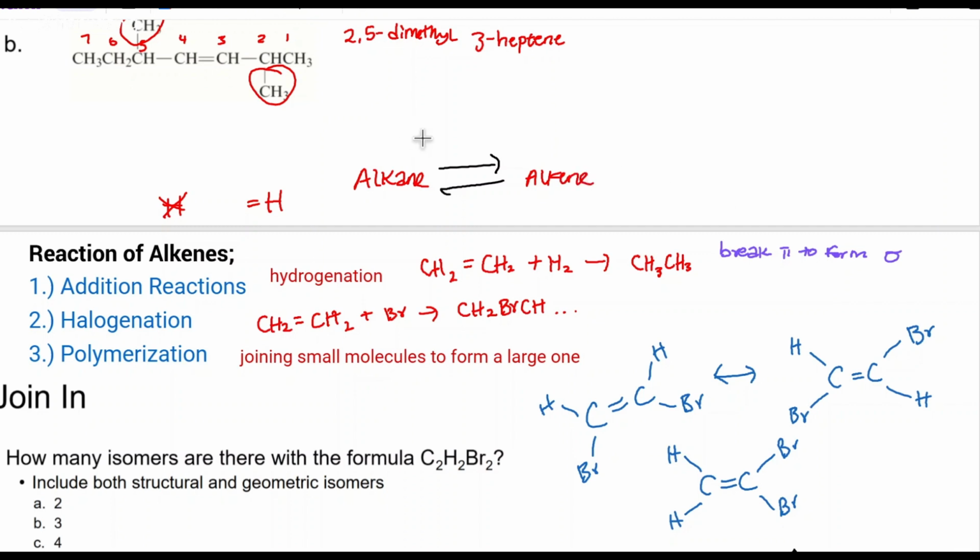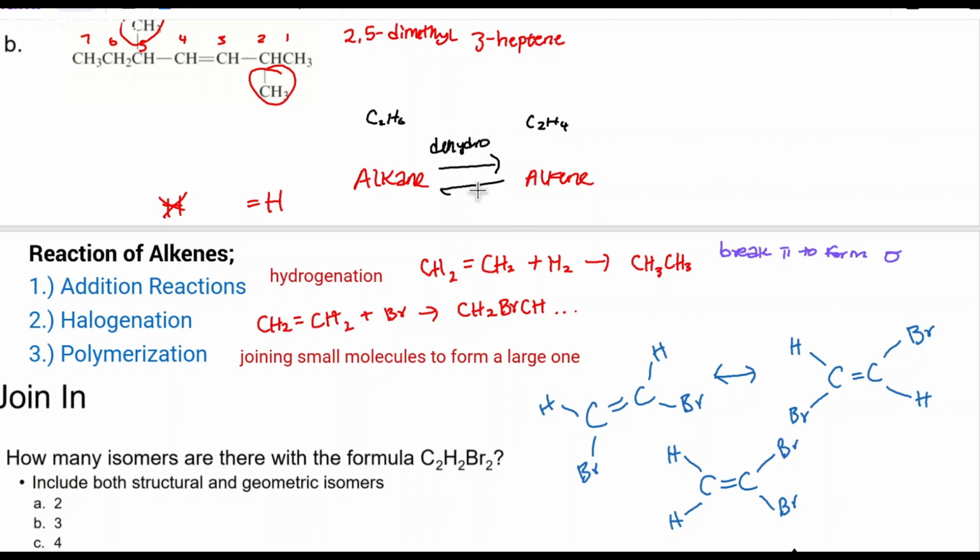Going from alkane to alkene, you go from something like C2H6 to C2H4. To go from here to here, you have to take out hydrogen, so dehydrogenation.